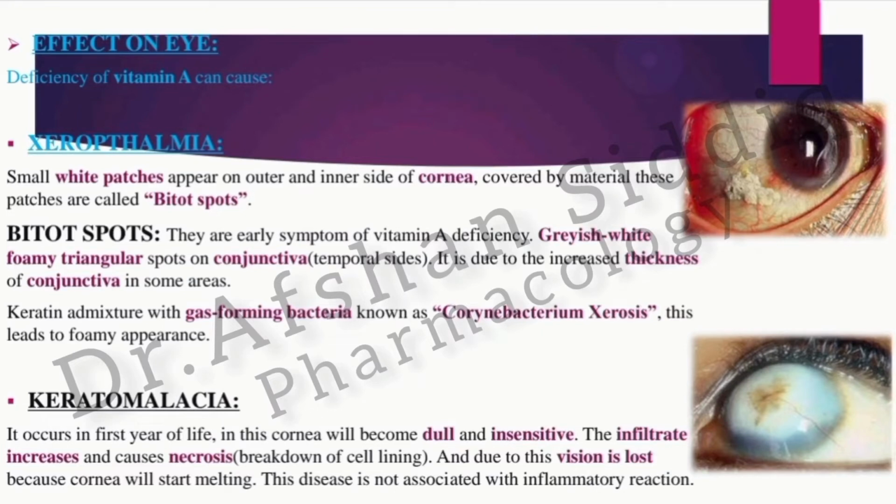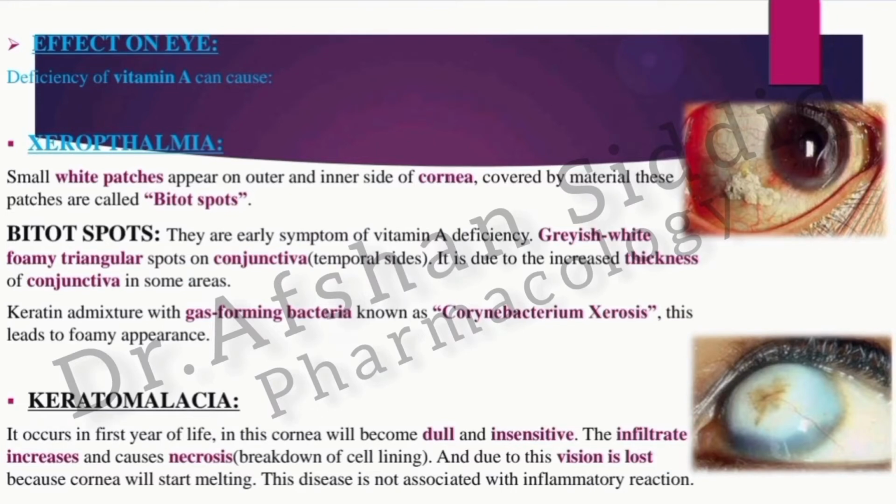Now come to keratomalacia, which is also a deficiency sign appearing due to the deficiency of vitamin A. It occurs in the first year of life. In this, the cornea becomes dull and insensitive.